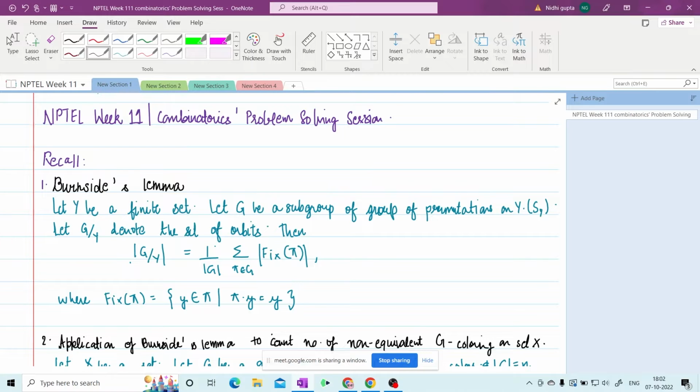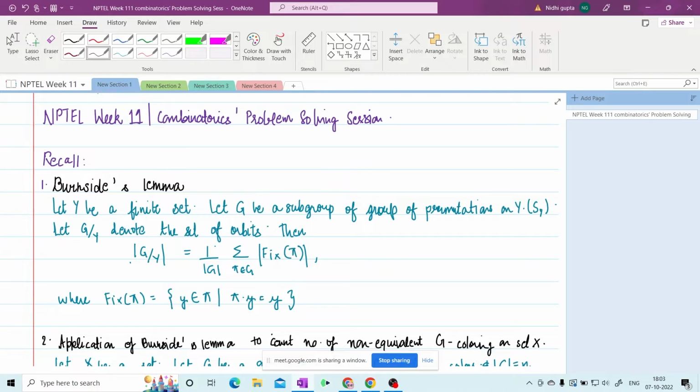So we have a group, we have a finite set, and then we have some group acting on Y, and giving a group action is equivalent to giving a subgroup of the group of permutations on Y. Because if you want to give a group action on Y, equivalently we can assign a permutation of Y to each element of G. So we are given a finite set Y, G is a subgroup of the group of permutations, and G mod Y we denote as the set of orbits.